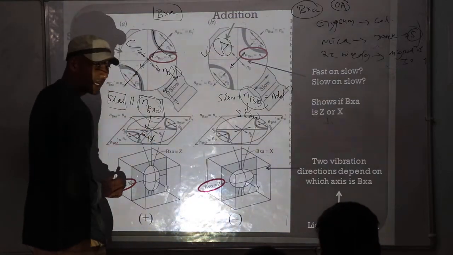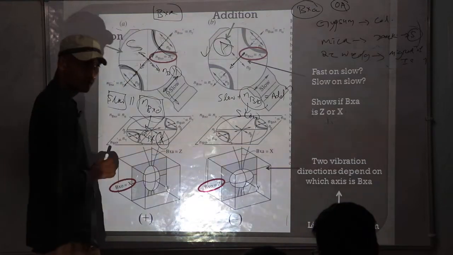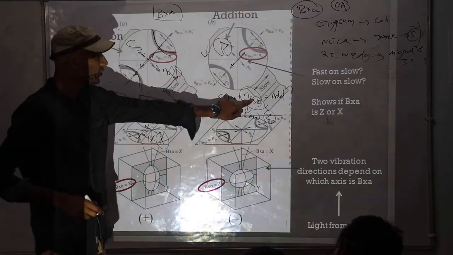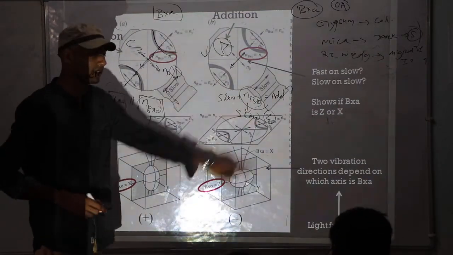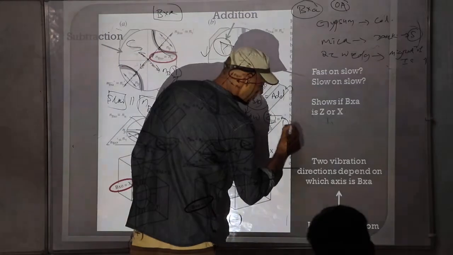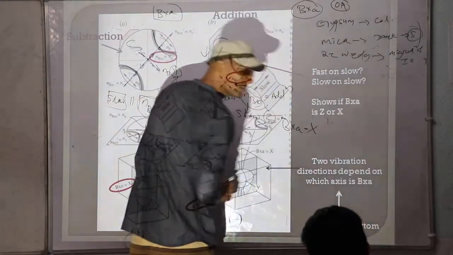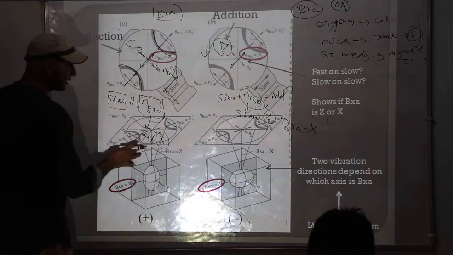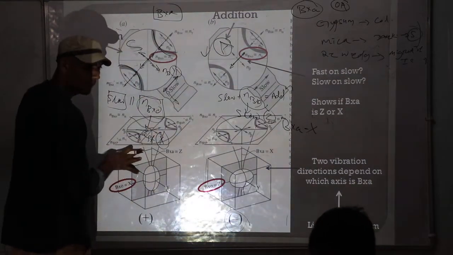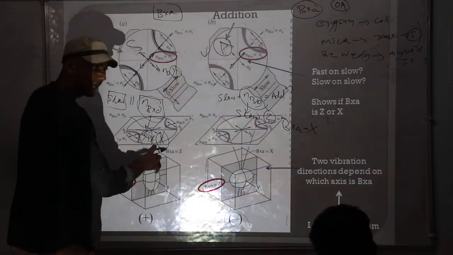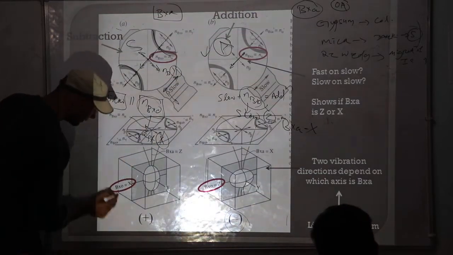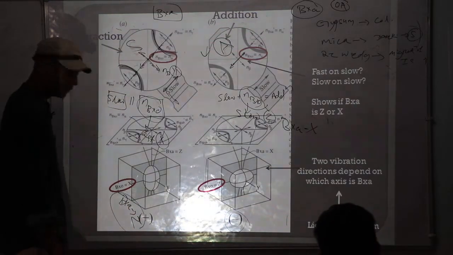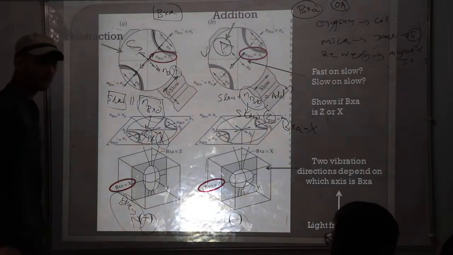If BXO is fast, that means X, slow means Z. If BXO, the obtuse bisectrix, is Z, so the acute bisectrix is X, the mineral is negative. Here you can see the obtuse bisectrix is fast. Fast means X, so the acute bisectrix is Z or slow, so the mineral is positive.